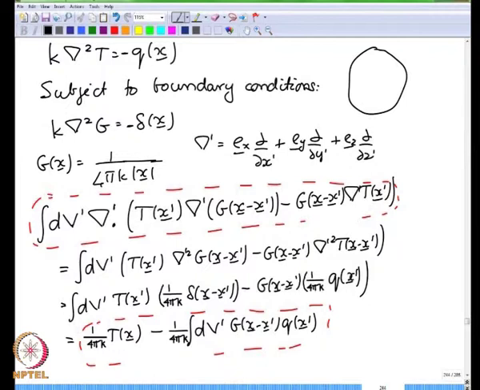I could also simplify this integral using the divergence theorem.